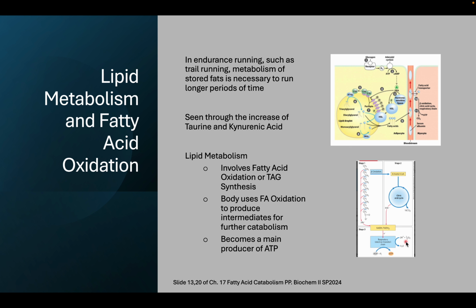This ATP is used to fuel the body in trail running to keep it going. This is an aerobic process, which is key, as both trail running and running involve anaerobic and aerobic processes. But what about anaerobic processes such as glycolysis, which we have talked about?